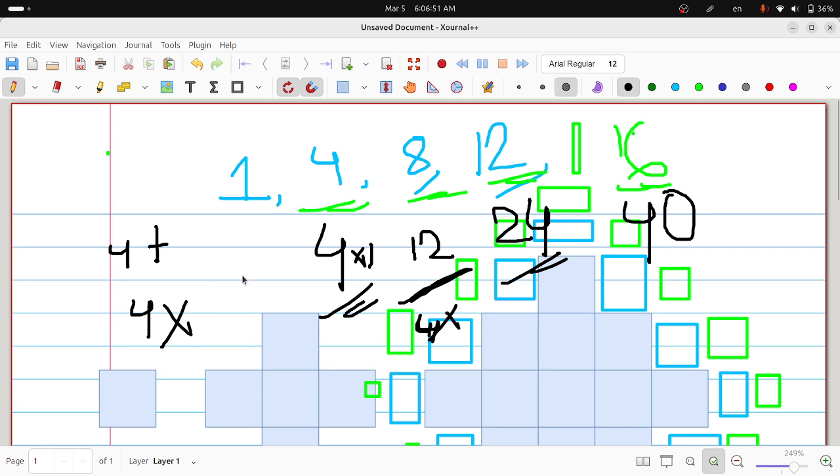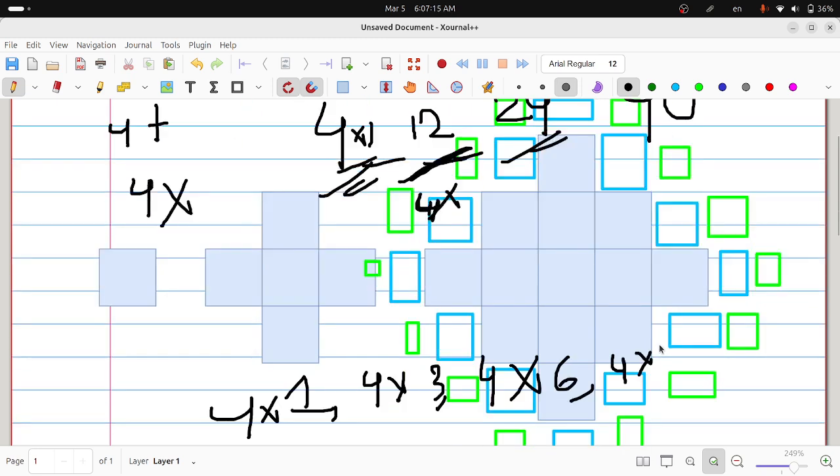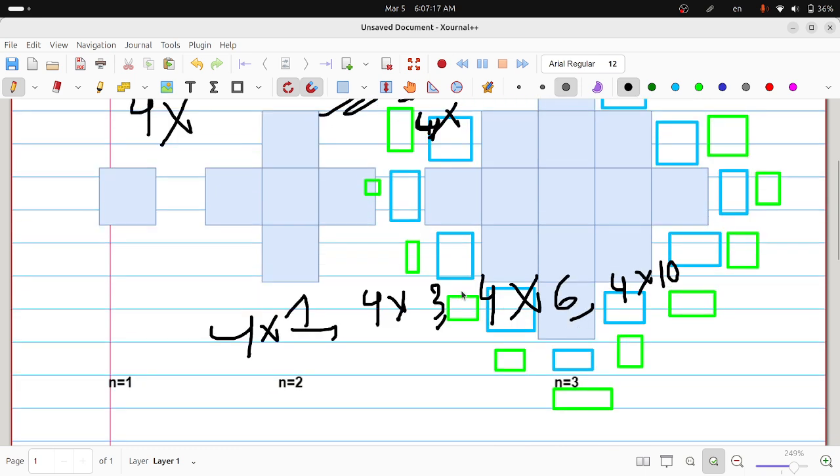So 4 into 1, then 4 into 1, then 4 into 3, then 4 times 6, then 4 times 10. Okay, it's hard to find a pattern. It is definitely hard to find a pattern here.